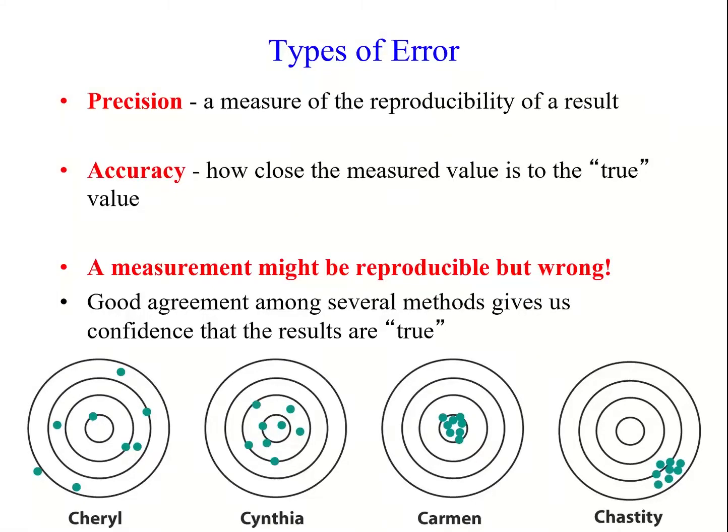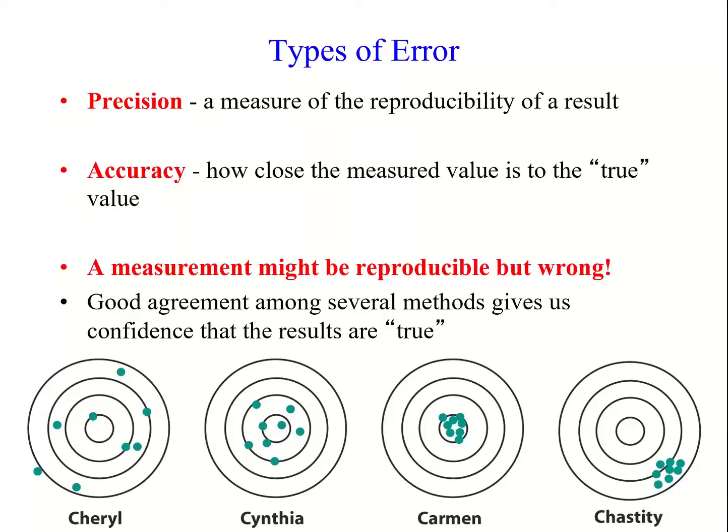Now let's talk a little bit about precision and accuracy. Precision describes the reproducibility of a result. If you repeat the experiment, maybe measure a quantity several times, and the values agree closely with one another, then your measurement is precise. Accuracy shows how close the measured value is to the true value.